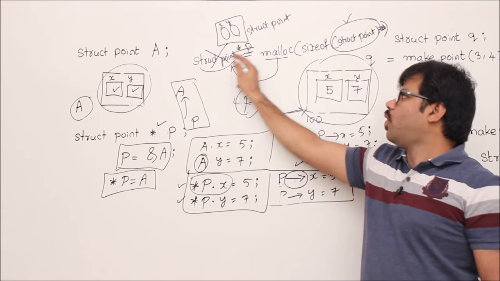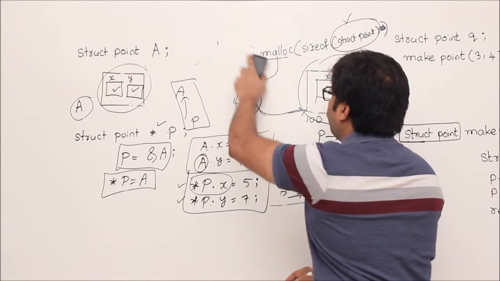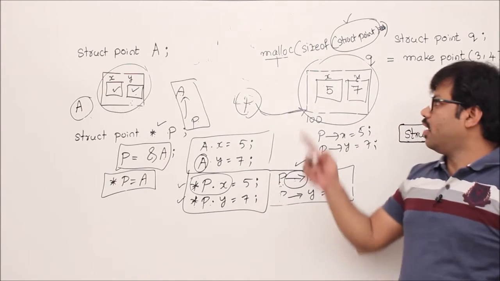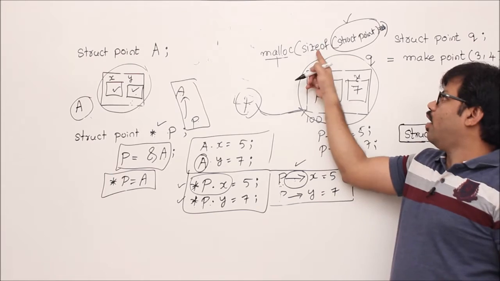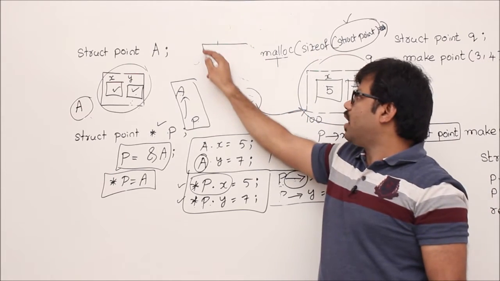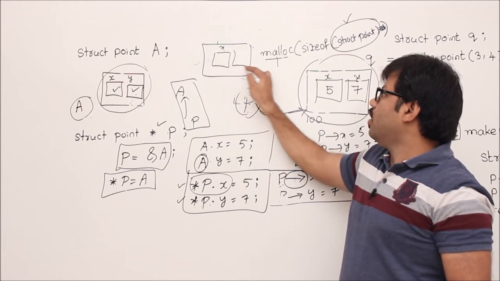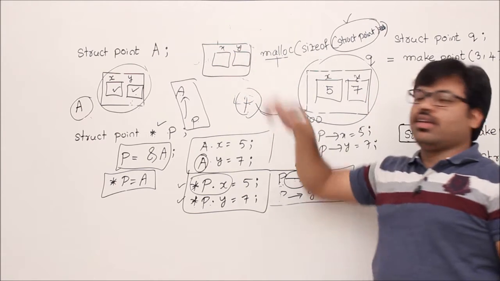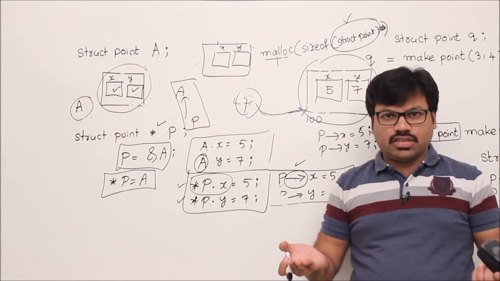If you don't have this pointer, still it won't give any error. There is no problem. It's not a compile time error, otherwise there is no runtime error. But what happens if you simply do malloc, one box will be created by your compiler with two variables x comma y, but there is no owner for it. Then suddenly you want to access it. How do you access it?